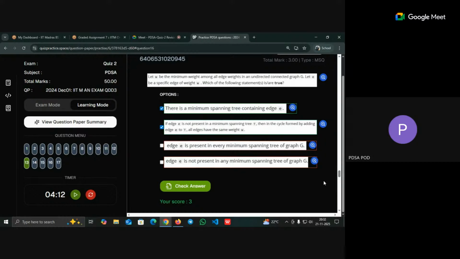But what it is saying is there is some minimum spanning tree which contains the edge E. There will be one or two or whatever number of minimum spanning trees, but at least one minimum spanning tree will contain the edge E. That is the true statement. That's why this option is wrong, because it is saying every.